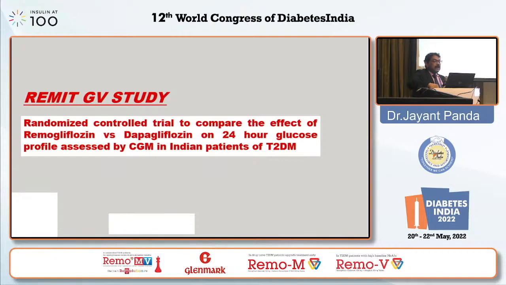This has been tried with two important drugs. One is remogliflozin, the SGLT2 inhibitor, which has been launched recently, and the other is dapagliflozin, the older one, which is given once daily. And this is assessed by CGM, continuous glucose monitoring, in Indian patients of type 2 diabetes.